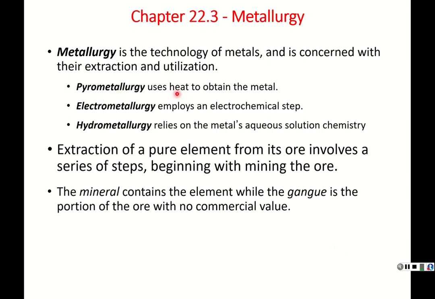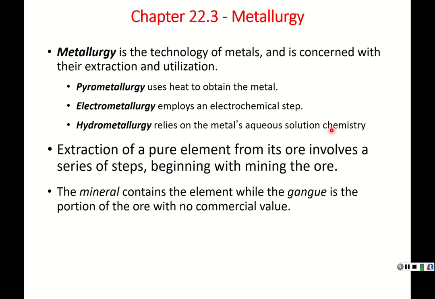Pyrometallurgy means that heat is used to obtain the metal. Electrometallurgy employs electrolytic or electrochemical steps. And hydrometallurgy relies on aqueous solution chemistry. So all three things that we've sort of talked about in this class.